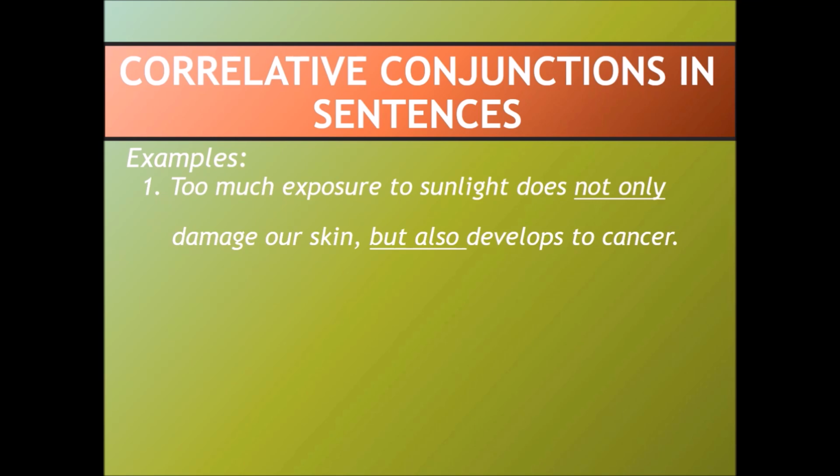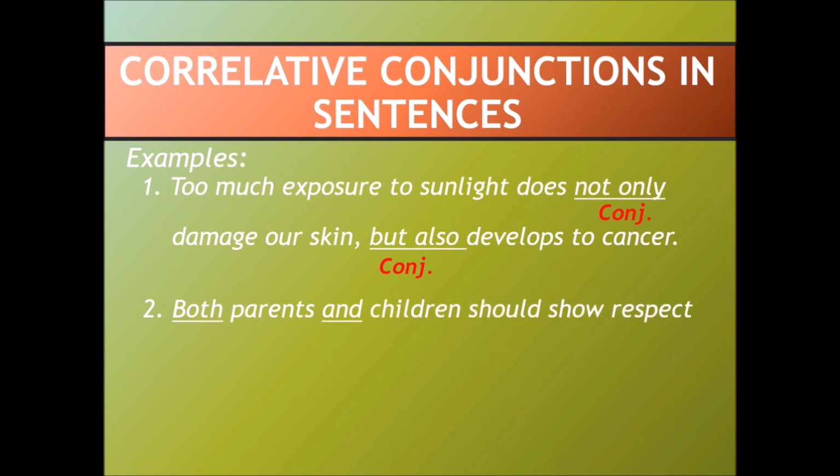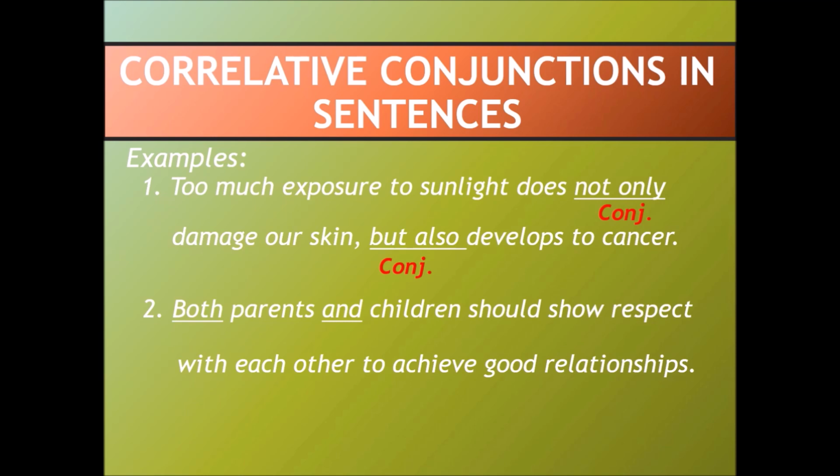This not only and but also are correlative conjunctions. The second one is both parents and children should show respect with each other to achieve good relationships. So here, the pair of correlative conjunctions are both and. Conj stands for conjunction.